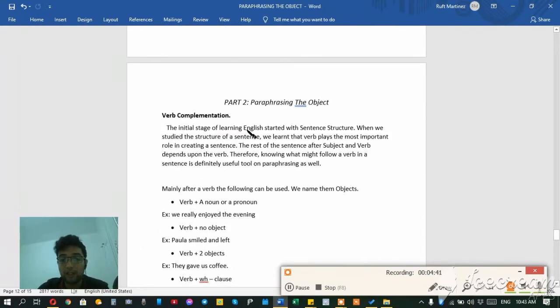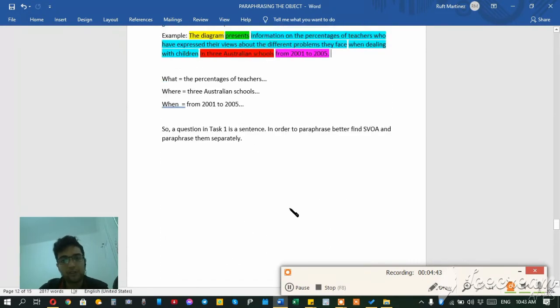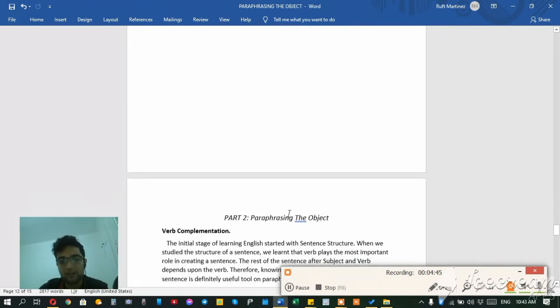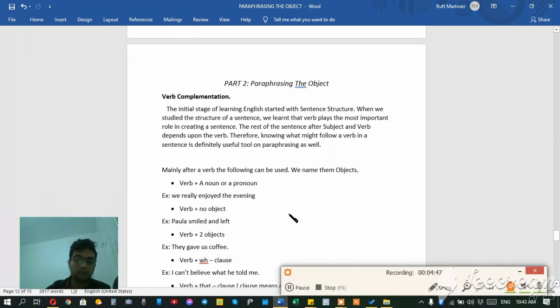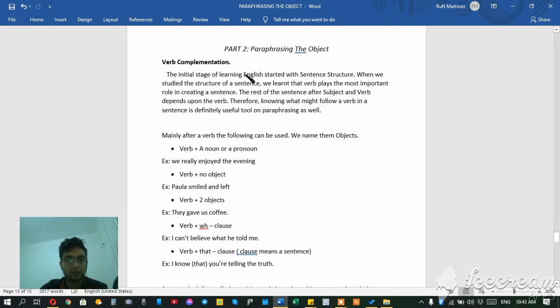So paraphrasing the object is very important. Let's see what comes after a verb and how to paraphrase the object in the sample questions. Verb complementation. The initial stage of learning English starts with the sentence structure.